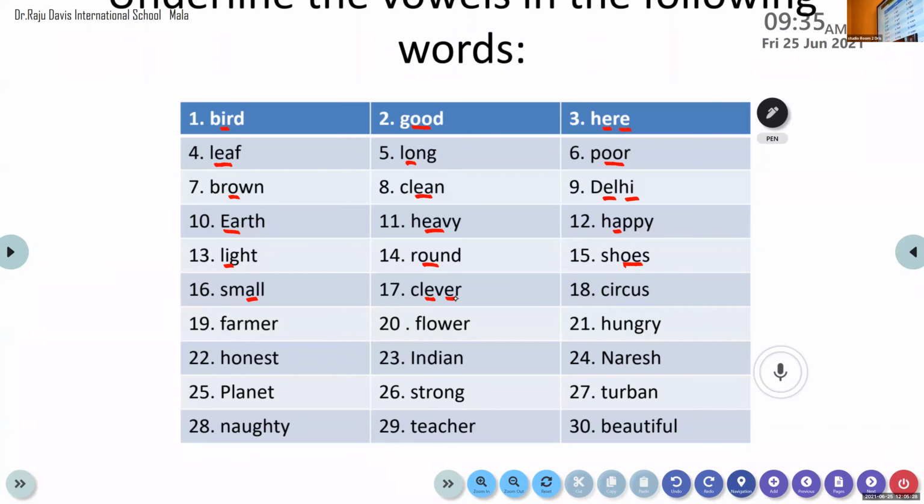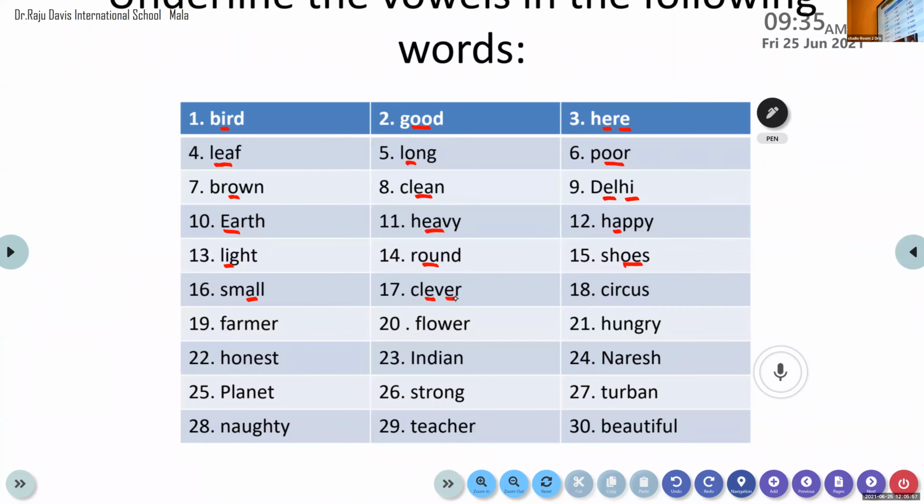Now, Ivania, do the next word. 18th word for me. Yes, 18th word. Read out the word. How do you pronounce the word? It is? Come on, Ivania. Come on, do it. How do you pronounce the word?